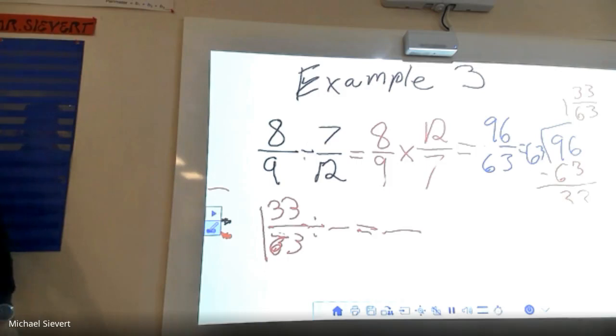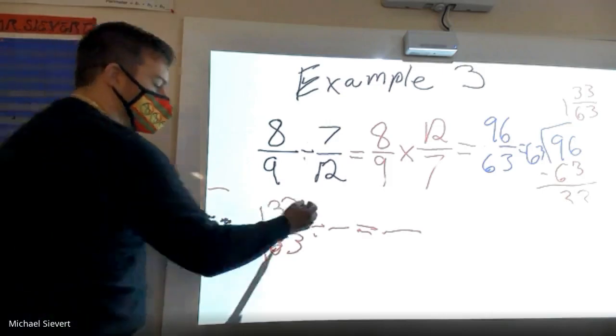What would you divide 33 and 63 by to get to the simplest form? Natalie? 3. Right, divided by 3.